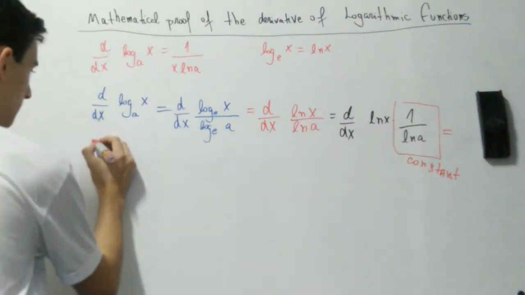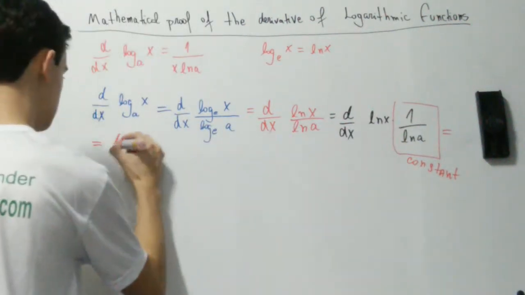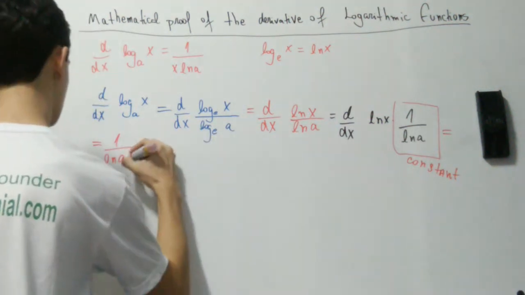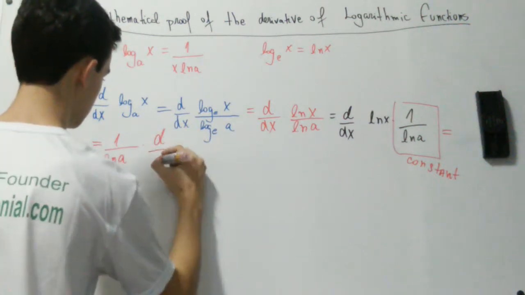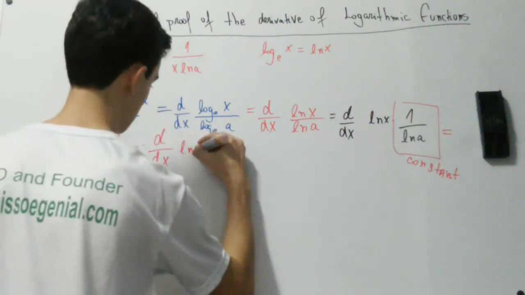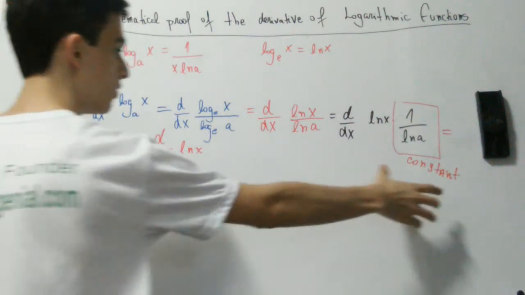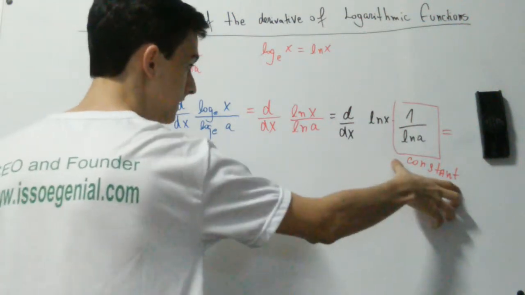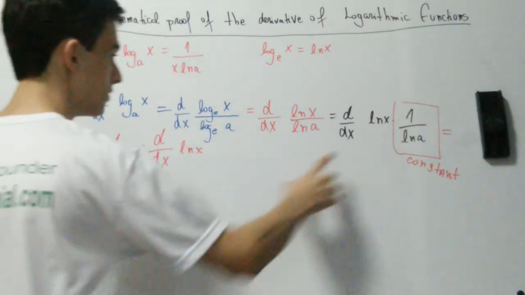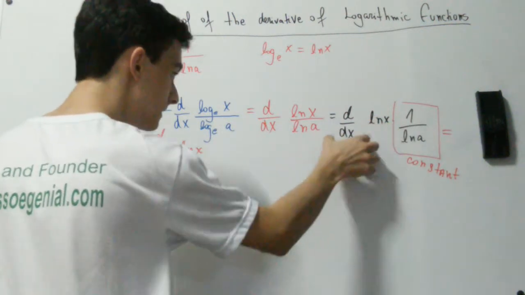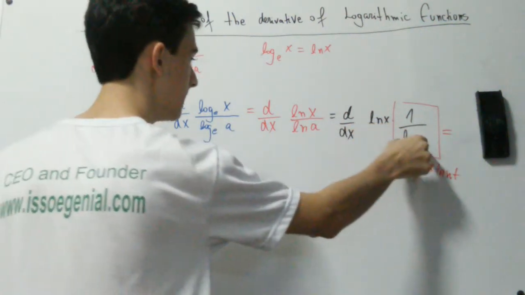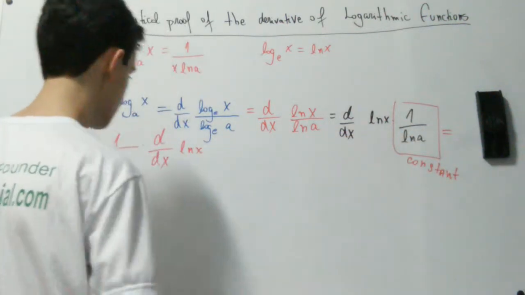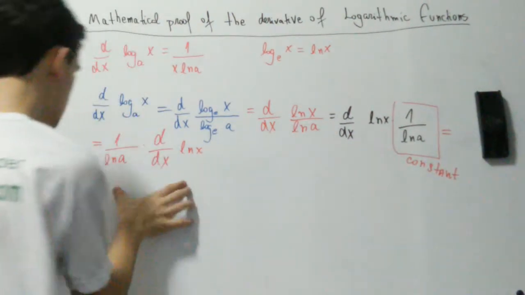Writing mathematically, this is equal to 1 over natural log of a times the derivative with respect to x of natural log of x. So again, we have a constant inside the derivative. We can take the constant out of the derivative. The derivative of a function multiplied by a constant is equal to the constant multiplied by the derivative of the function.